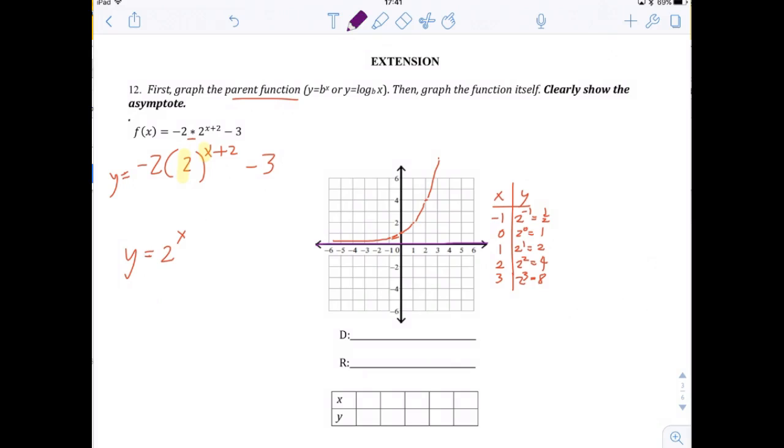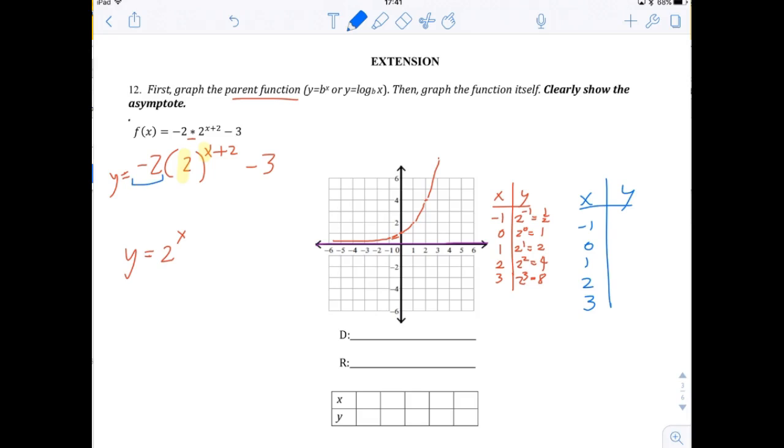Actually, what they want you to graph here is the asymptote for the function itself. So let's graph the function itself. Now, you might take the table and then graph the function itself by plugging in numbers. But since you already have the parent function graphed, why don't we use the transformations to graph it?